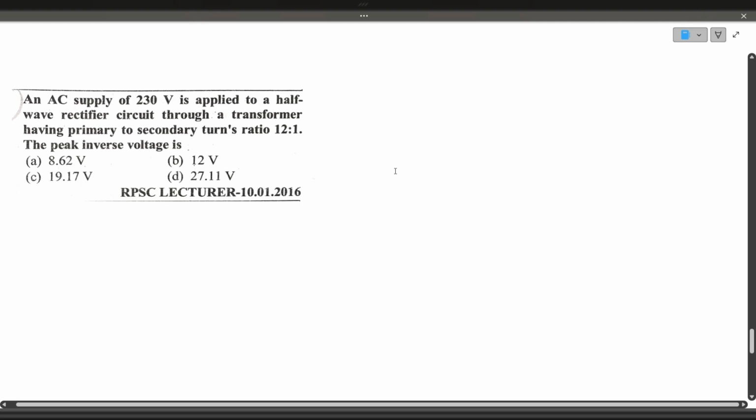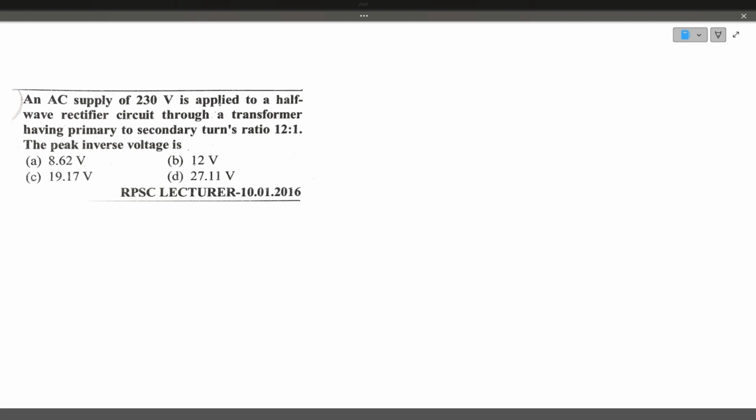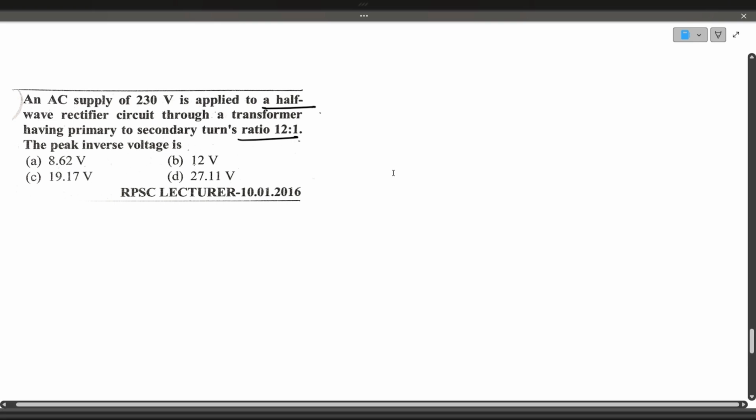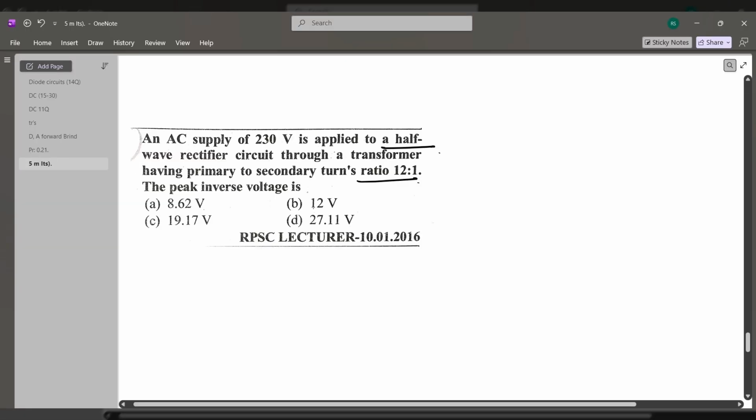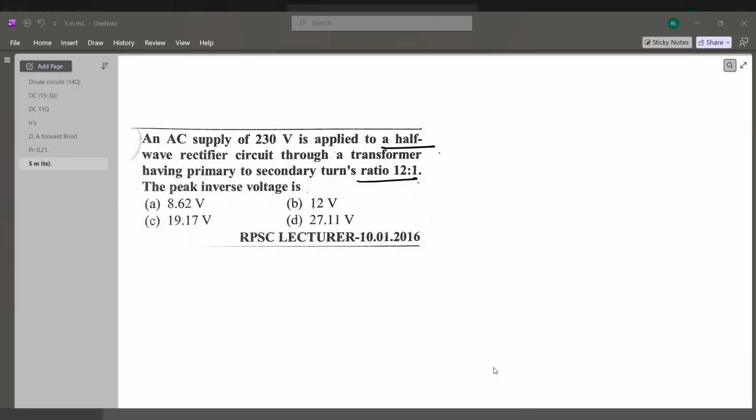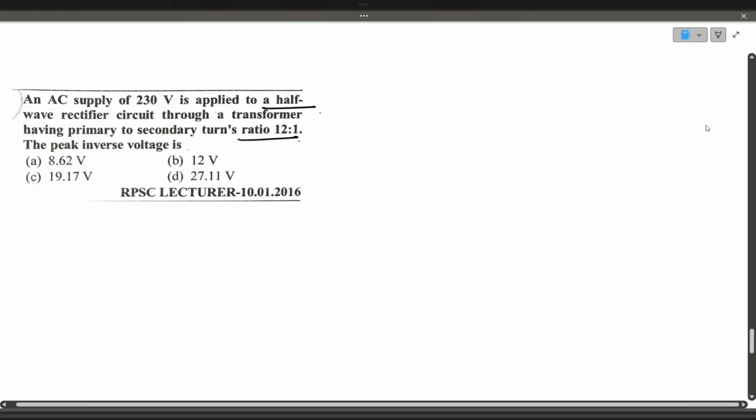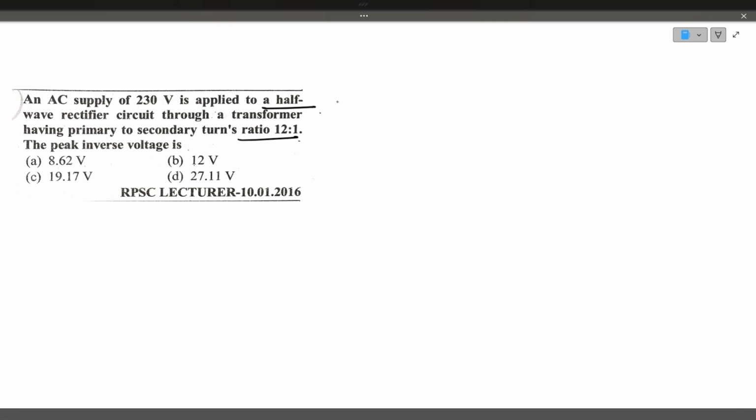Our next question: an AC supply of 230 volts is applied to a half wave rectifier through a transformer having a primary to secondary turn ratio of 12:1. The peak inverse voltage is? So here we'll see this question.